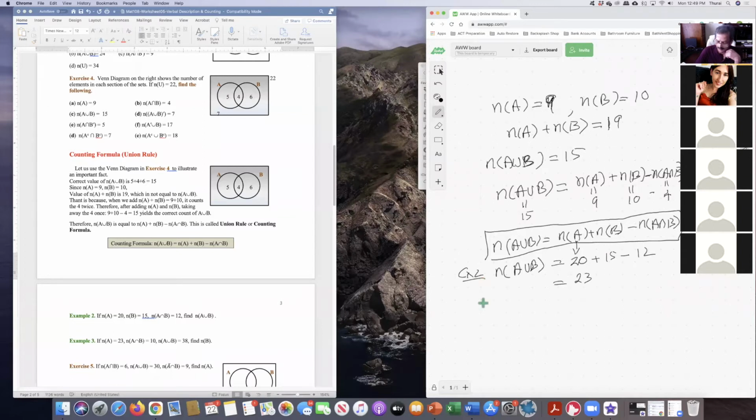Going to example 3. It gives you count of A, count of the intersection, count of the union, and asks you to find count of B. So we can write the formula first.